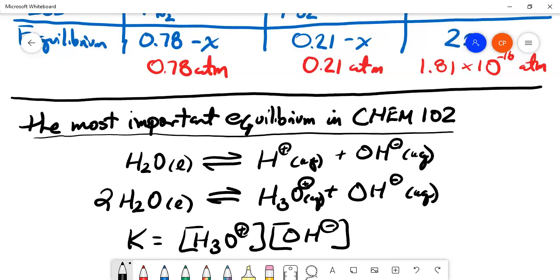It's a very consistent equilibrium. It's an equilibrium that's so consistent we consider it a constant and we give it a value that's special. We call it K sub W for water equilibrium. And the value of this equilibrium constant at 25 degrees Celsius just so happens to be 1.00 times 10 to the minus 14.